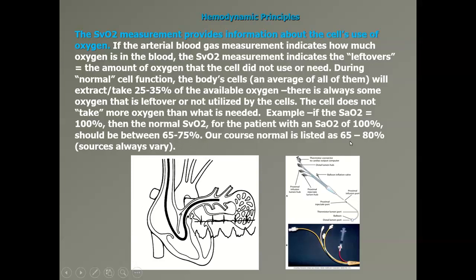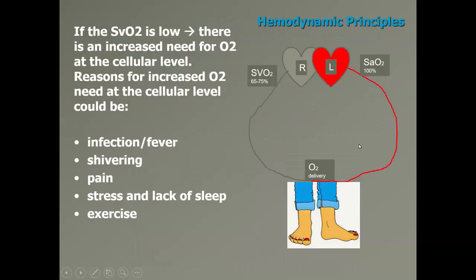Now our course lists 65 to 80. So it doesn't really matter. The point is that oxygenated blood on the arterial side drops off oxygen at the cellular level, and as it makes its way back to the venous side of the right heart, it should be less than what was on the arterial side. Our course lists 65 to 80%.